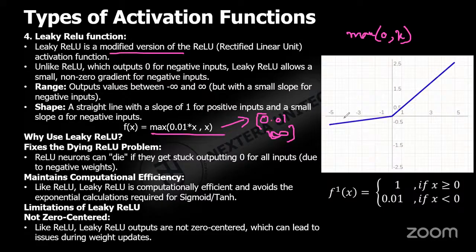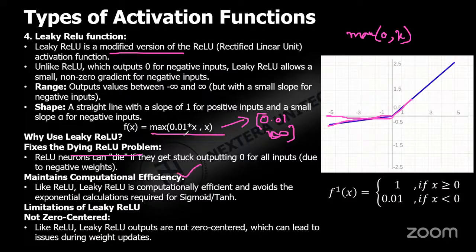Even if you observe the plot, for ReLU it is like this. Since there is a small deviation in the curve, we are going to the downside for leaky ReLU. So this leaky ReLU fixes the dying ReLU problem, and it is also maintaining the computational efficiency, because this is not a hectic task.